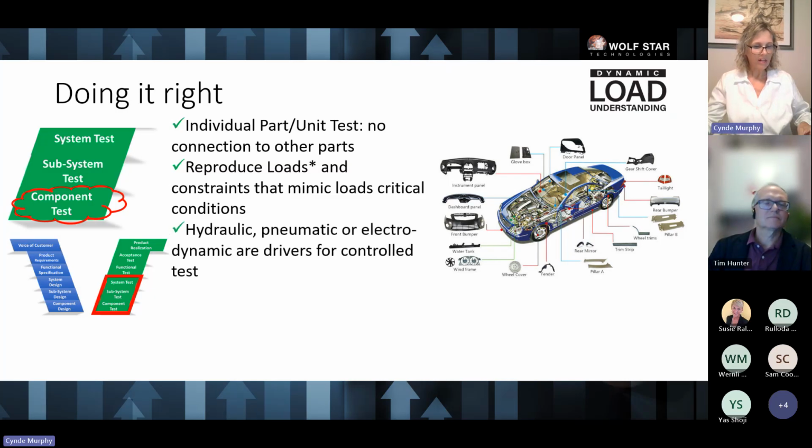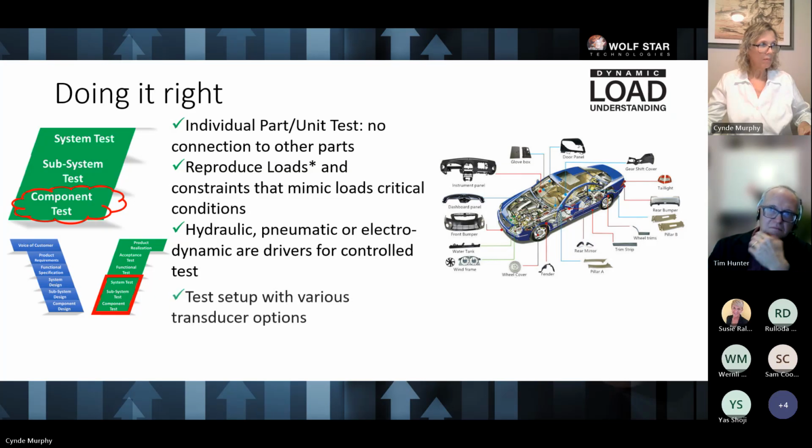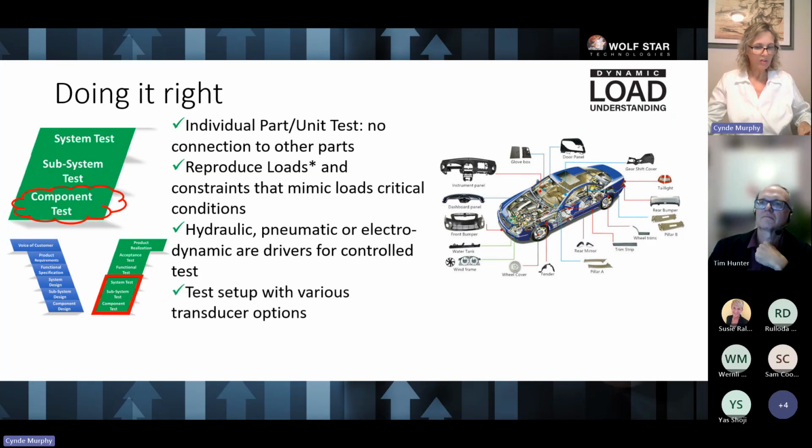The test is driven in a lab by hydraulic or electrodynamic equipment. Setup can include various transducer options to control or monitor the test during operation, like a strain gauge, an accelerometer, an LVDT. We can use those for setup and monitoring.